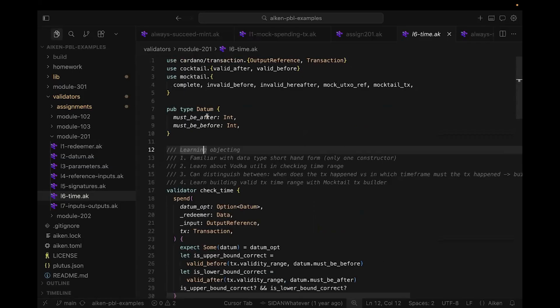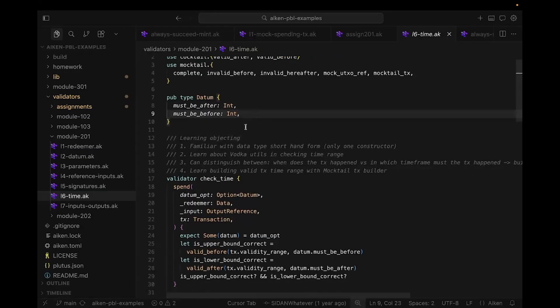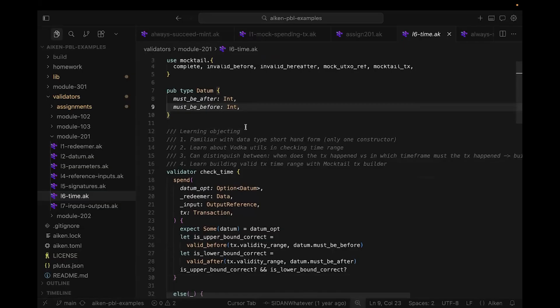They are saying the transaction has to happen within this time range. And that integer will be like a POSIX time, I guess. Right now it's just int. I don't think it matters, to be honest, but we'll get to it.